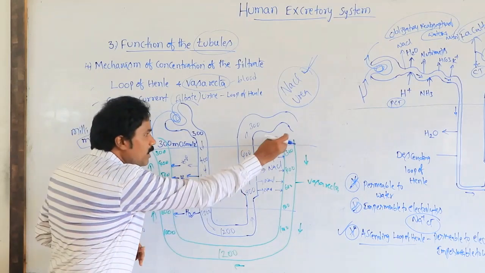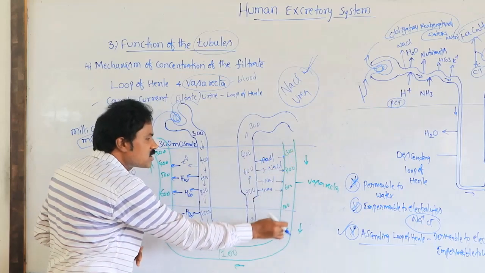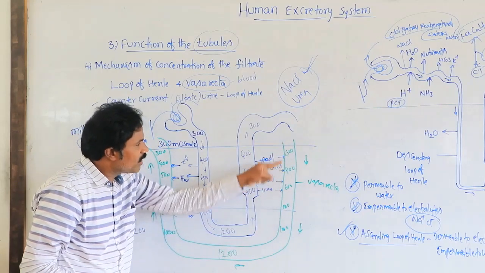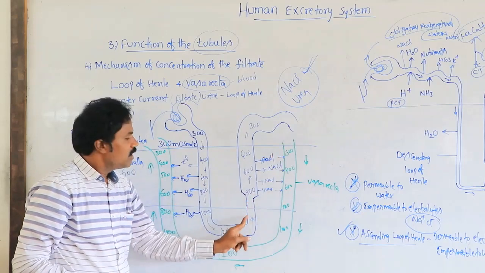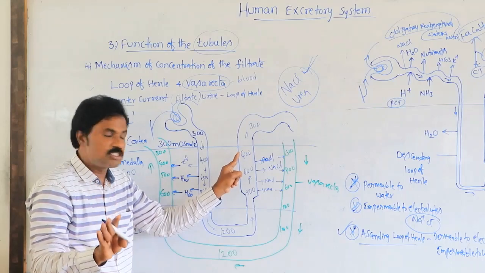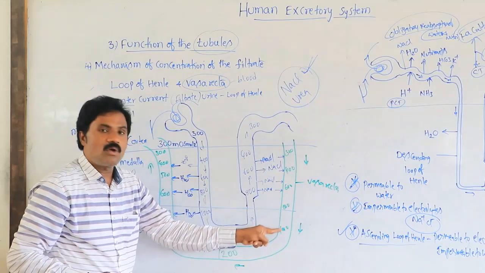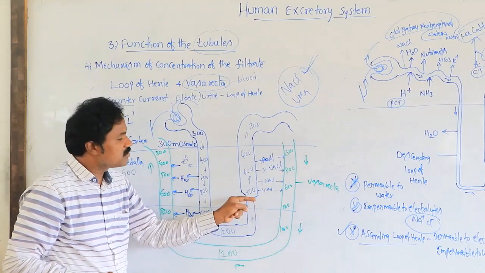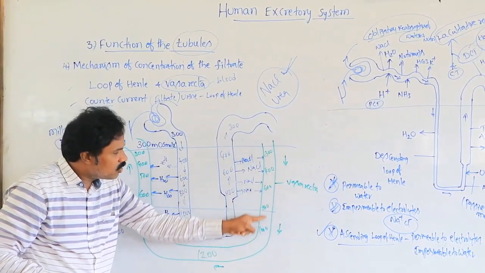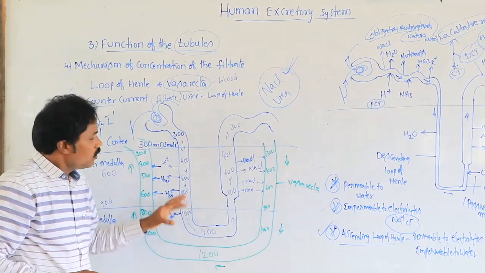In the descending vasa recta it increases, and in the ascending it decreases. In the descending it increases. In the ascending loop of Henle the concentration decreases. In the descending vasa recta it increases because it is again secreted and enters that vasa recta.